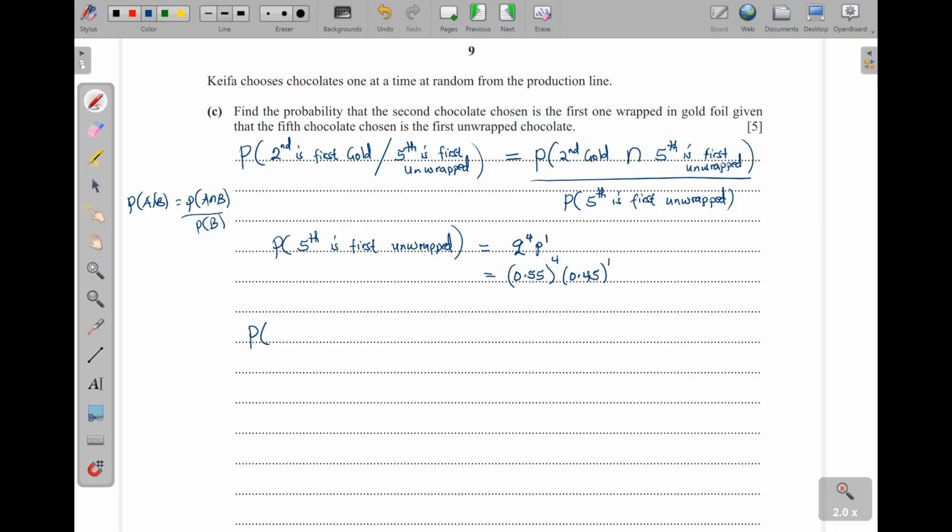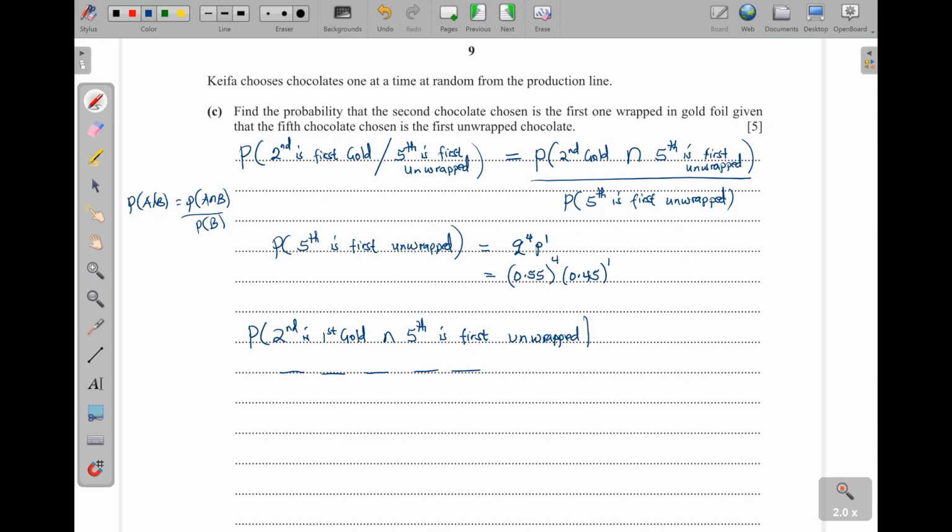How about the probability that the second is the first gold, and the fifth is the first unwrapped? Now we check what we are going to have. Let's say we are having 1, 2, 3, 4, 5.